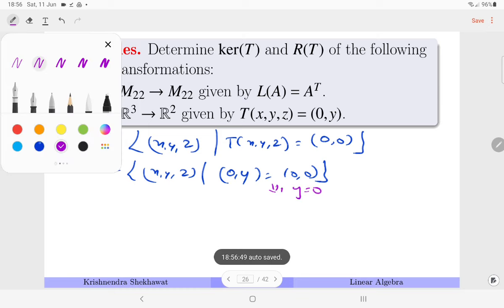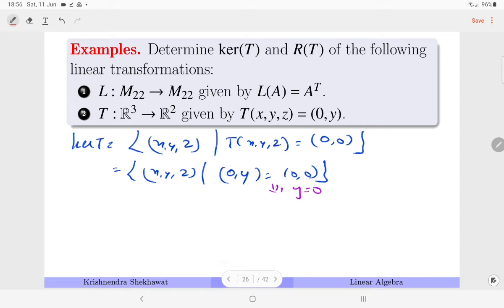And therefore my kernel T becomes x, 0, z such that x, z belongs to R, and I can write it as span of 1 0 0 and 0 0 1.